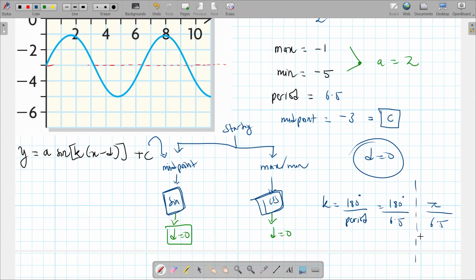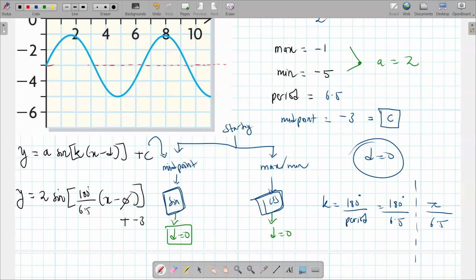That'll be your K value if you're using the radian system. So now let's put it all together. So y equals your A value, which is 2, times sine function because we're starting at the midpoint. K value is 180 divided by 6.5 times x minus 0. You don't have to write that if you don't want to. Plus C, and the C value is minus 3. And there you go. That's the equation.